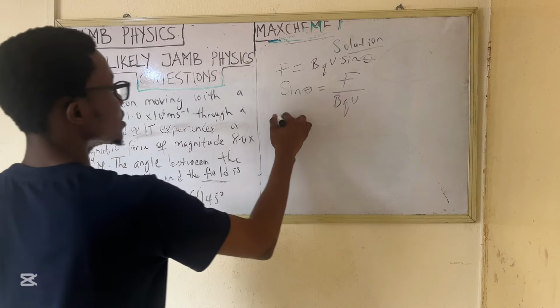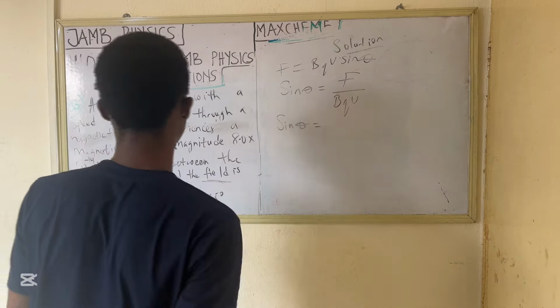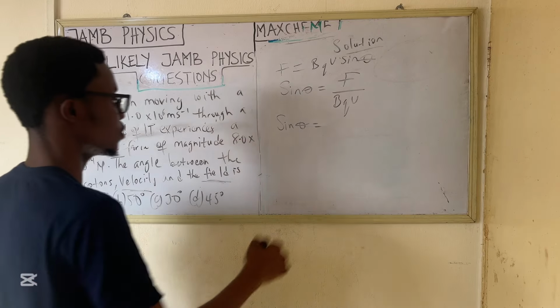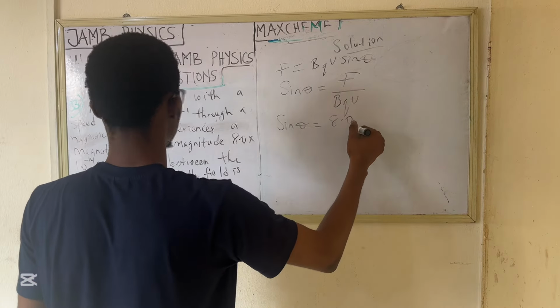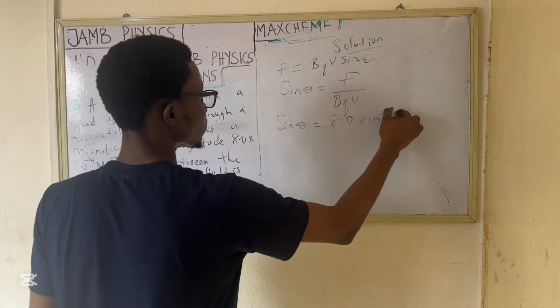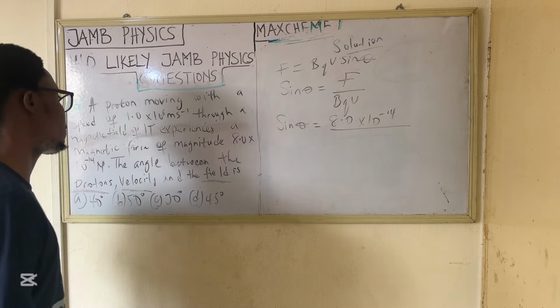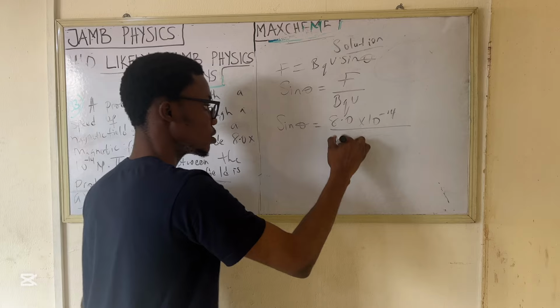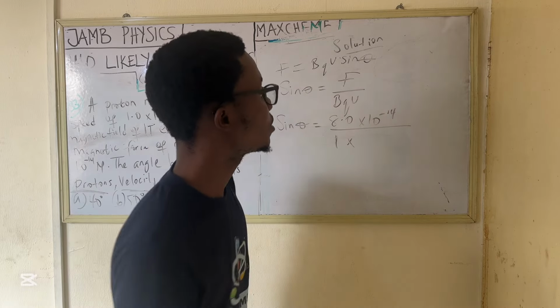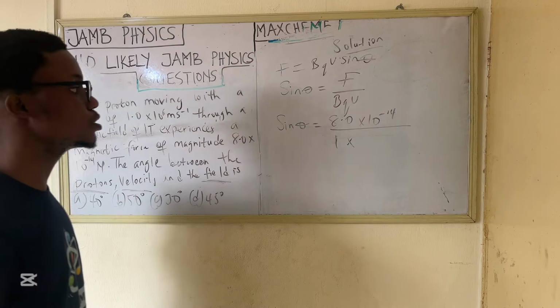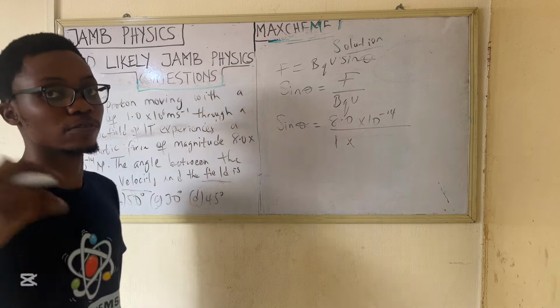So sine theta equals, what's our F? That's the force: 8.0 times 10 raised to the power minus 14 Newton. And our B, the magnetic field, is 1. Now, what is the quantity of charge of a proton?